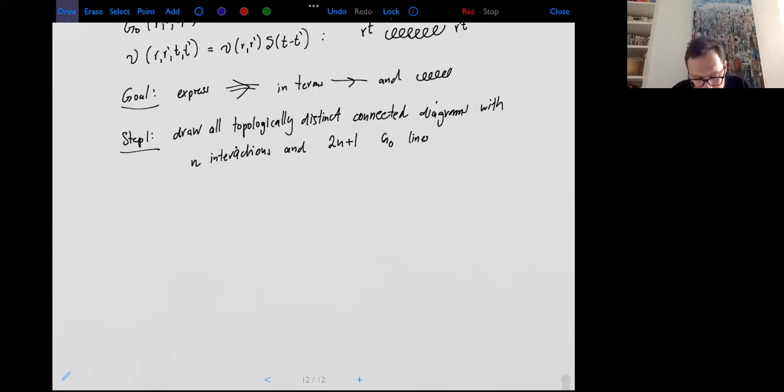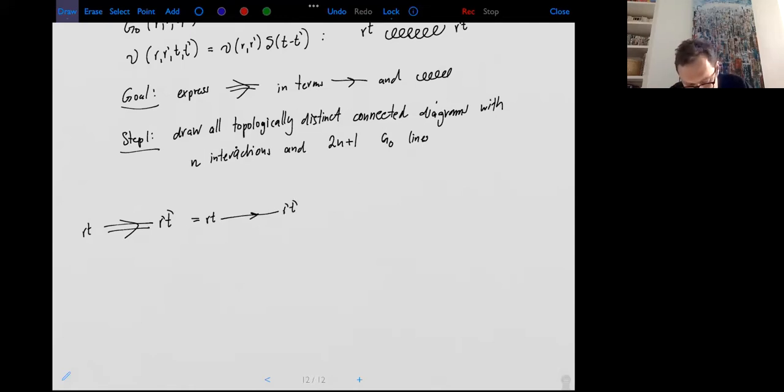So let's see. This is the thing that we want, we said. So we want the interacting Green's function. And of course, if we don't have interactions, then the interacting Green's function is just the same as the non-interacting one, right?